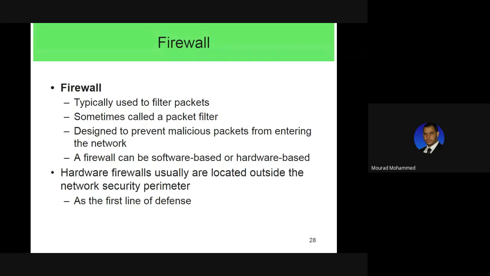And when we talk about a hardware-based firewall, it's like a server, for example. It would be put within the perimeter of the network, not inside. It means it has to be an interface with the external world.